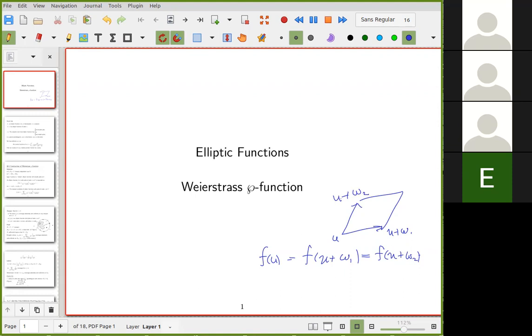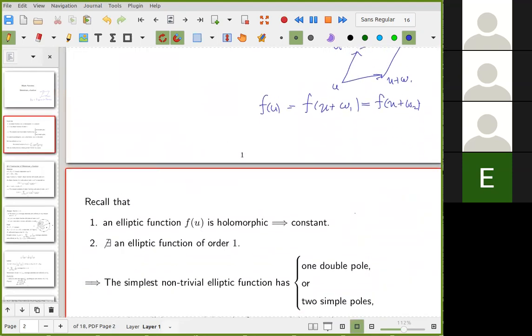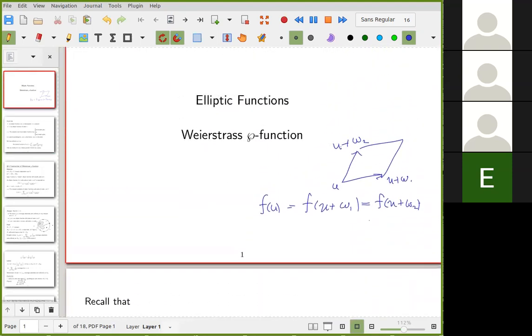Today, we construct a very important example of an elliptic function explicitly. That is the Weierstrass P function.